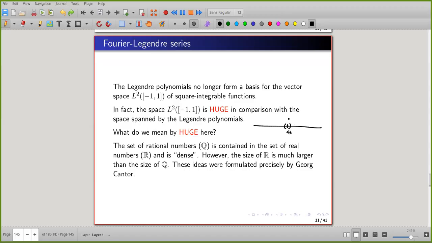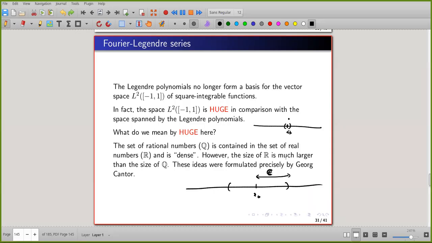What do I mean by small? Let's imagine that we zoom into this picture. This is my x naught and my interval looks like this. To say small interval means that the length of this interval is epsilon. So we need a notion of length.